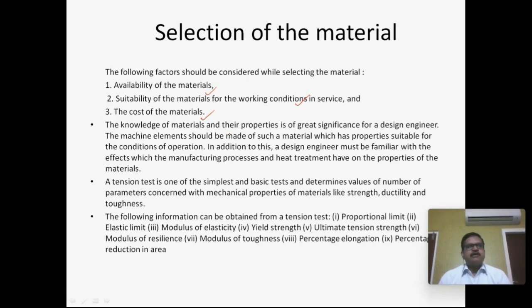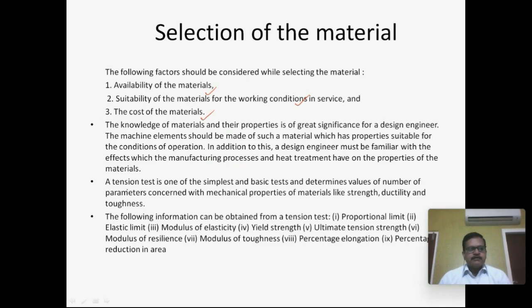In addition to that, the design engineer should be familiar with the effects of manufacturing process and heat treatment on the properties of the materials. So based upon the knowledge of heat treatments, manufacturing processes and material characteristics, the design engineer should have a clear understanding.